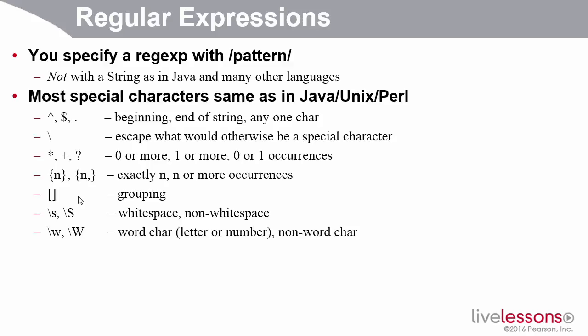Now, in the previous example, I used x plus, one or more occurrences. There are all sorts of special characters. It started off in the Unix world with a program called awk, A-W-K, which was named for the initials of the developers. And then it spread into other Unix commands, and then Perl, and then Java, and then C++, and C#, and Python, and now JavaScript.